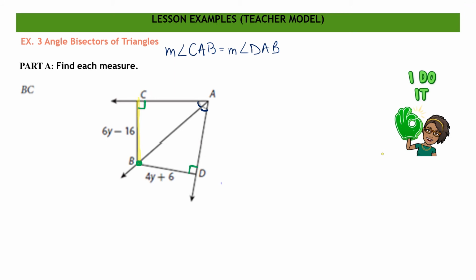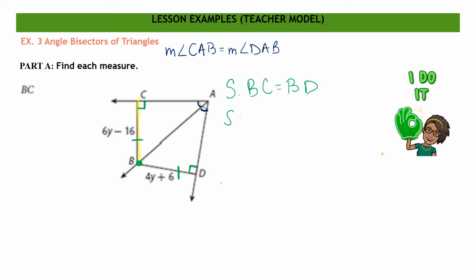So I notice that ray AB is a bisector of this angle CAD, and I see that B is equally distant from the sides, so I can conclude that from B to C is the same distance as from B to D. So that means I can set up an equation of saying BC is equal to BD.